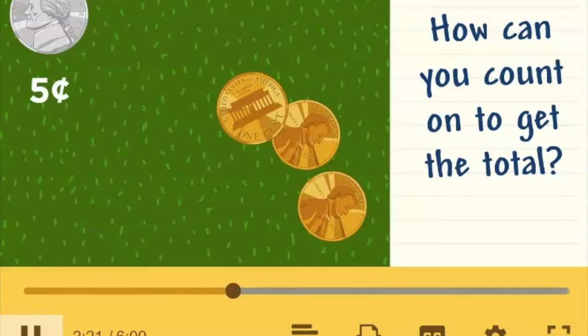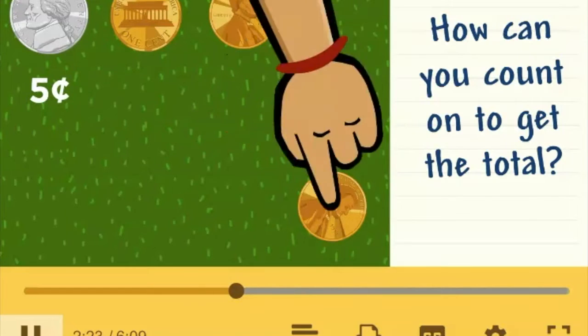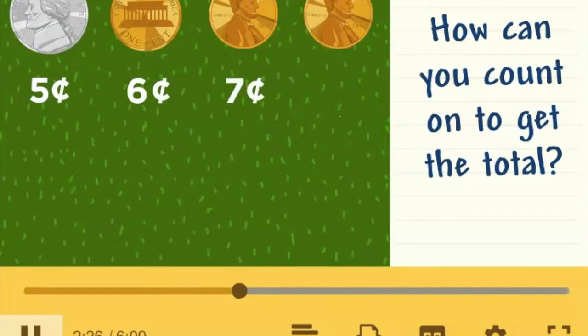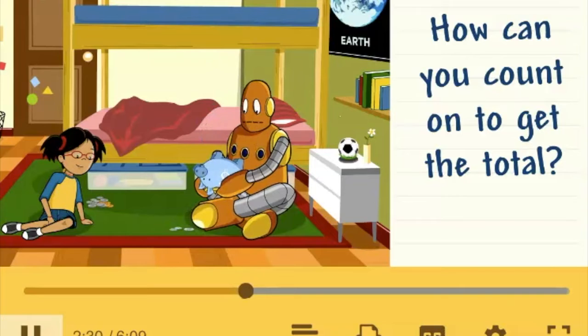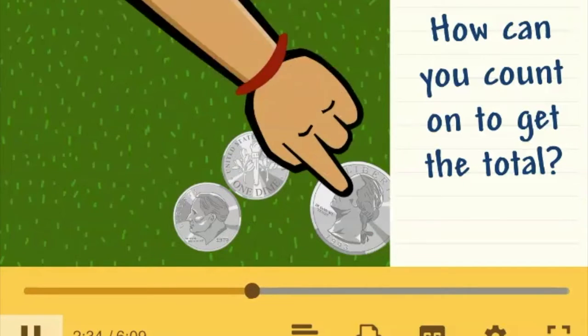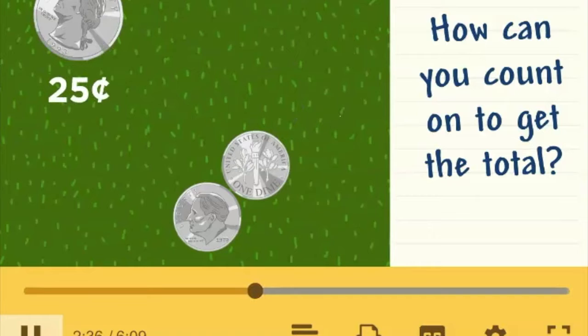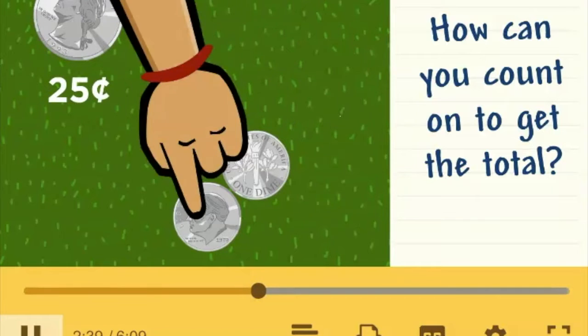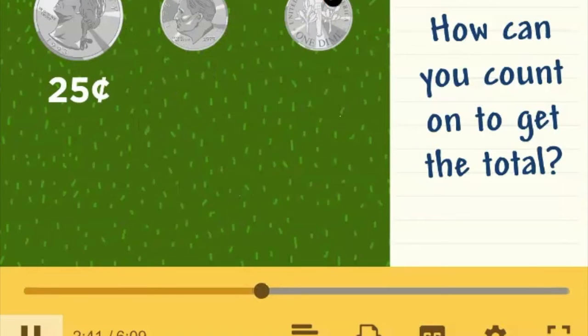Then we count on 3 pennies. There are 6, 7, 8 cents. Okay, we should start with a quarter, so that's 25 cents. Then we can count on 2 dimes. There are 35, 45 cents.